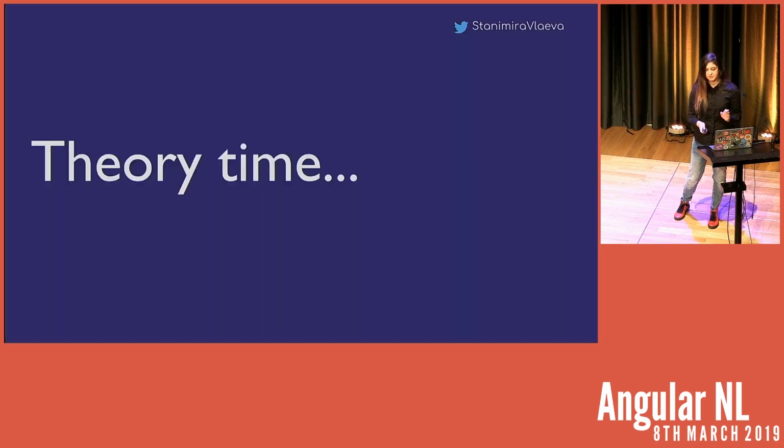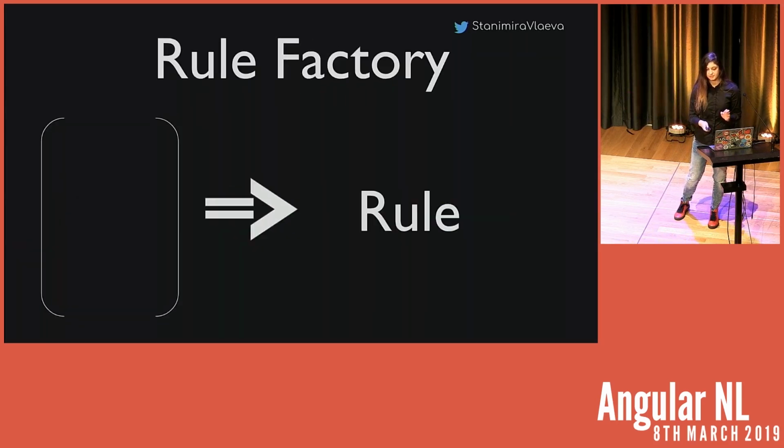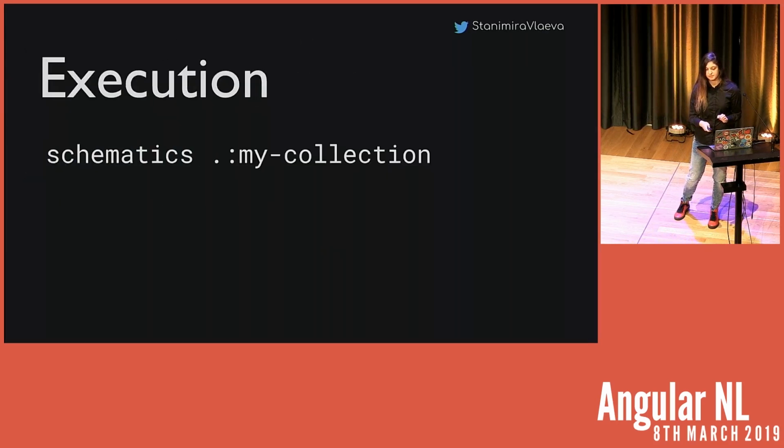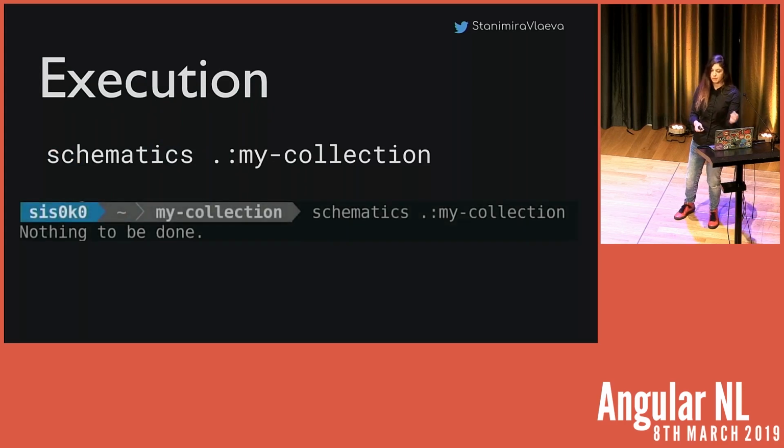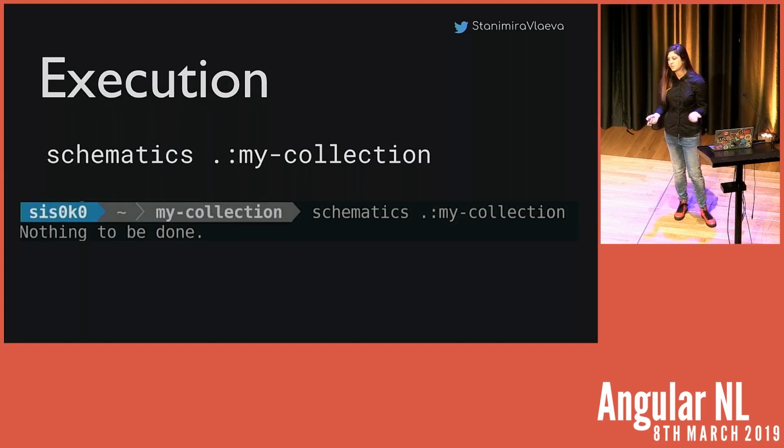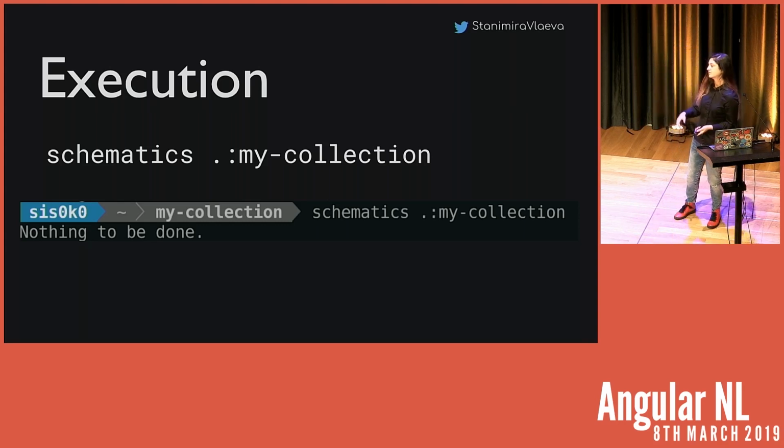Cool. Let's go back. Okay, so when we run the command schematics dot colon the name of the script, my collection, basically nothing happens because we didn't do anything. We just got a tree and returned another tree.